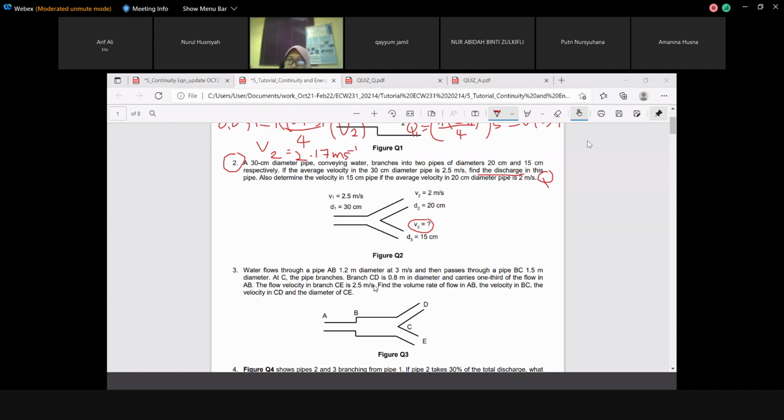Sekejap, tengah check. Okay, Syed, share jawapan dekat grup. Kita discuss jawapan awak. Boleh. Okay, saya tunggu.